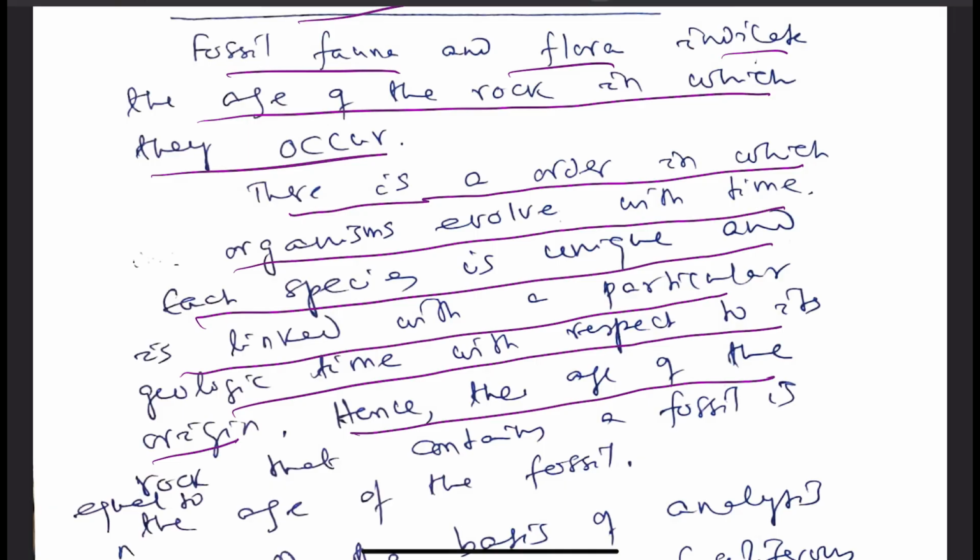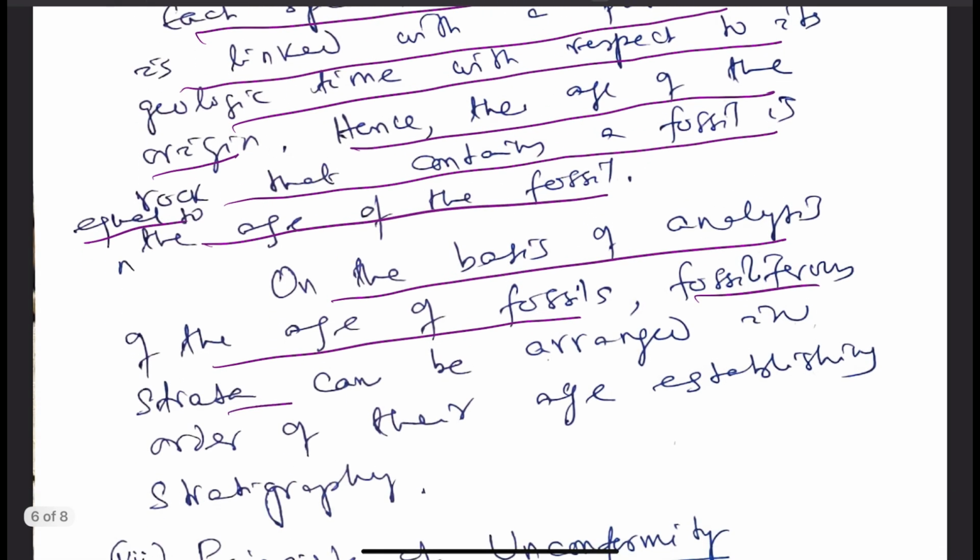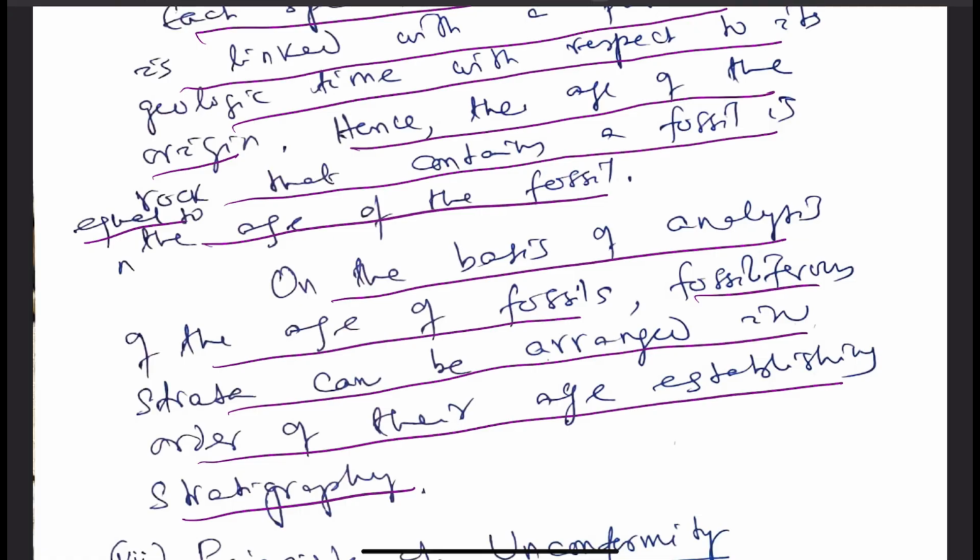Hence, the age of the rock that contains a fossil is equal to the age of the fossil. On the basis of analysis of age of fossils, fossiliferous strata can be arranged in order of their age, establishing stratigraphy.